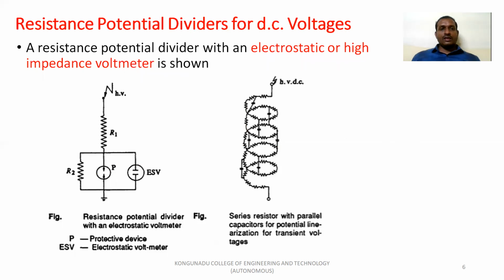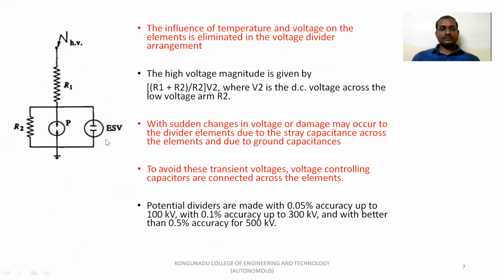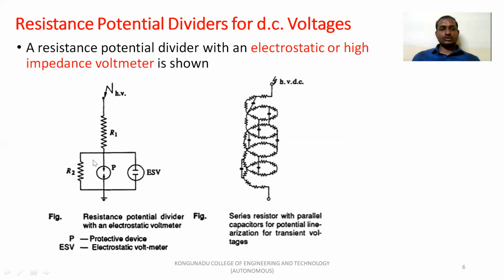Next, the second method is resistance potential dividers for measuring DC voltage. Here we are going to use the potential divider arrangement for measuring the high voltage. We are taking two resistances in potential divider manner. R1 is connected in series with the high voltage line, and the next one is R2.